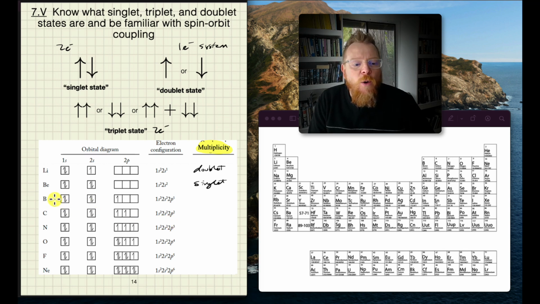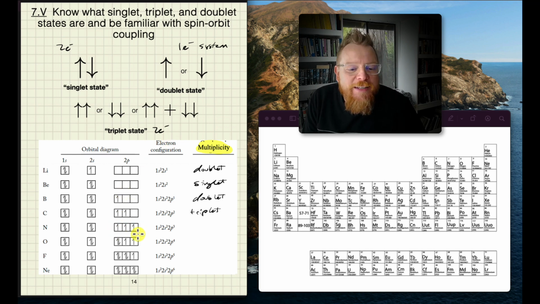Now boron, I can see I've got one unpaired electron. That would be back to being a doublet. Now onto carbon, I've got two unpaired electrons. Those two unpaired electrons would give me a triplet state.